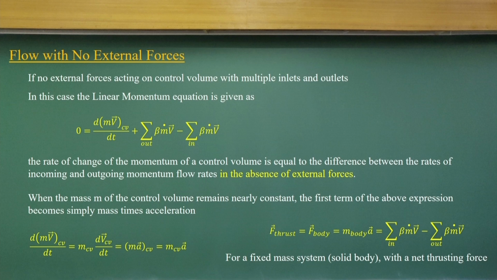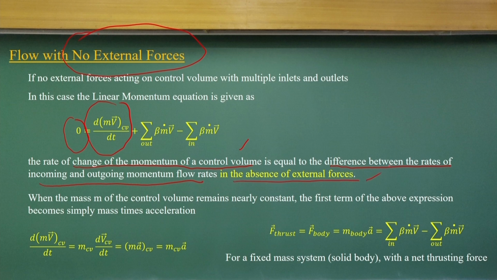Now, look at another set of problems we solve, where there are no external forces, very simplified cases. In that case, if I use the linear momentum equation, the sum of the forces will be 0. So, the rate of change of momentum in a control volume is equal to the difference between the rate of incoming and outgoing momentum flux in the absence of external forces.